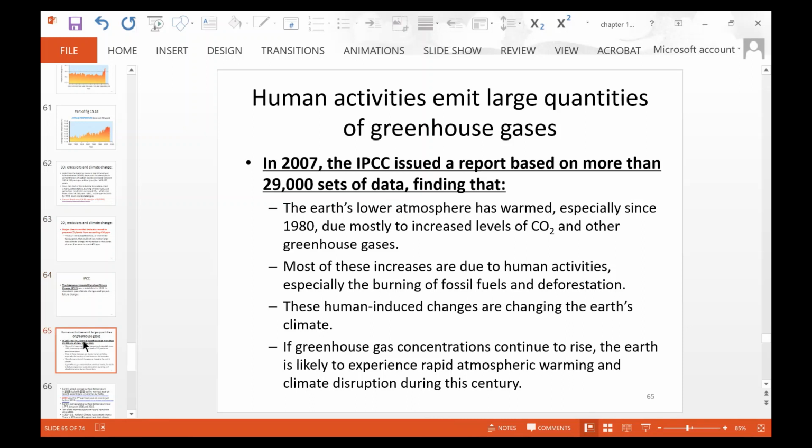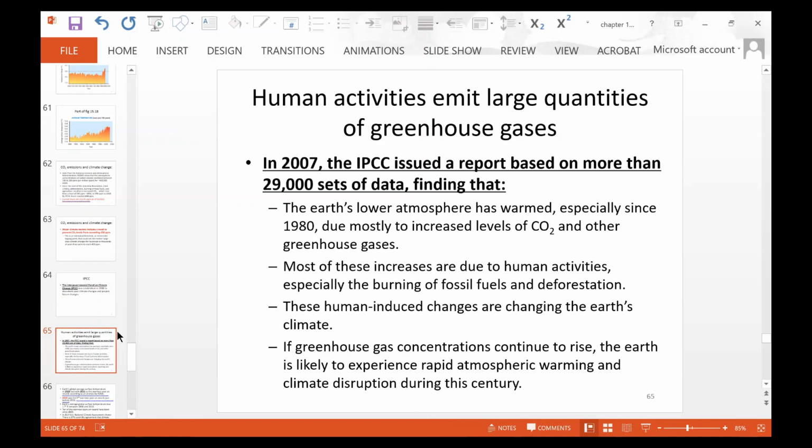In 2007, the IPCC report that was based on 29,000 sets of data found that the Earth's lower atmosphere has warmed, especially since 1980, and that this was mostly due to increased levels of CO2 and other greenhouse gases, and that most of the increases in greenhouse gases were due to human activities, especially the burning of fossil fuels and deforestation.